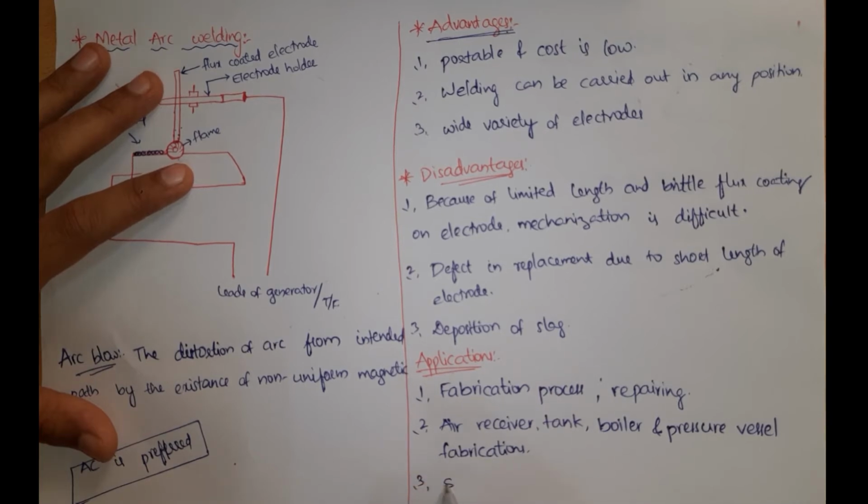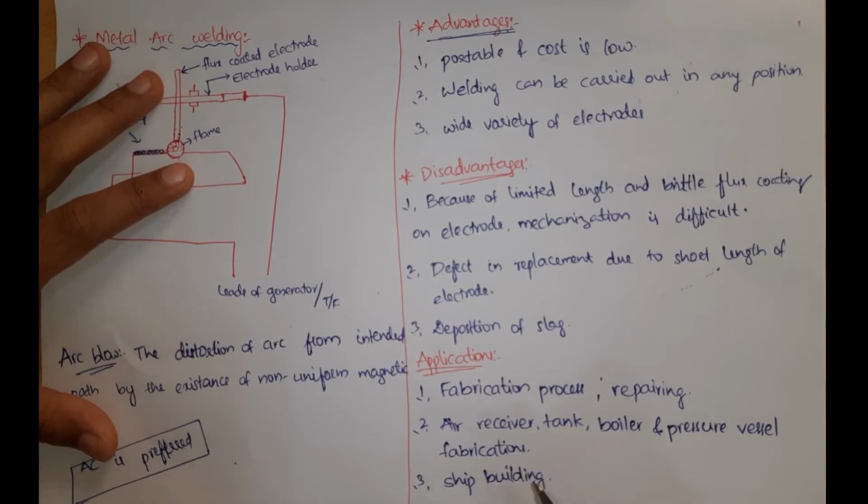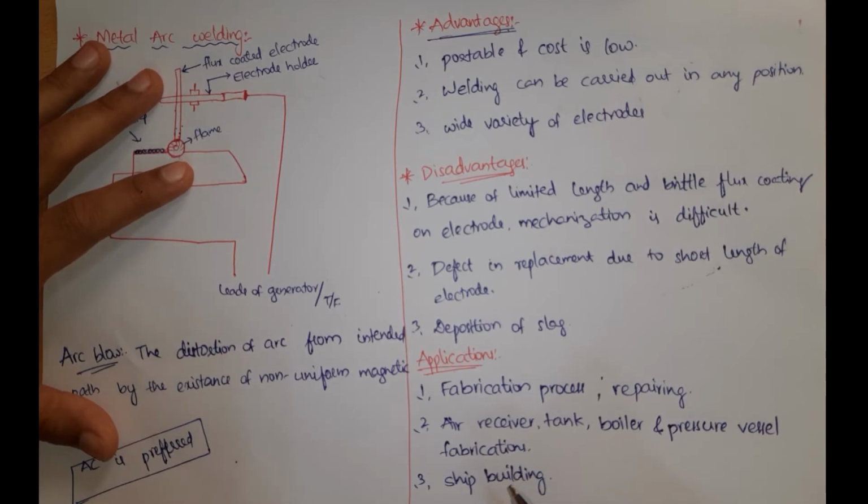It also finds applications in shipbuilding. Why? Because in shipbuilding there is a need for welding of long metal sheets, right? So in such cases metal arc welding is applicable.